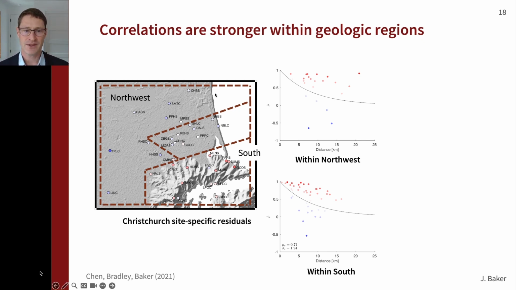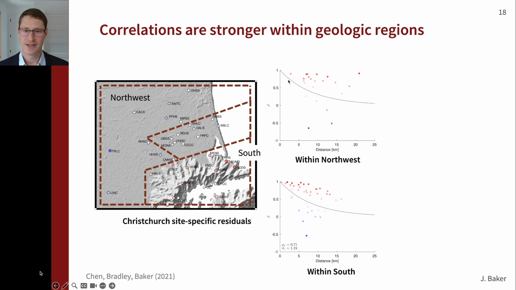If we look to the northwest here, this is an area that's gravelly and relatively flat geology. And so we've got all these pairs of stations here in the northwest. The plot in the top on the right is showing, again, estimated correlation coefficients versus distance.